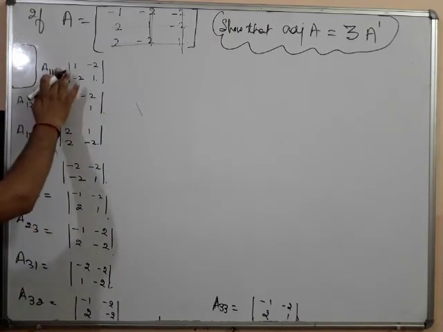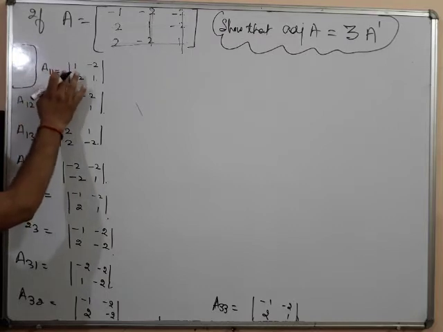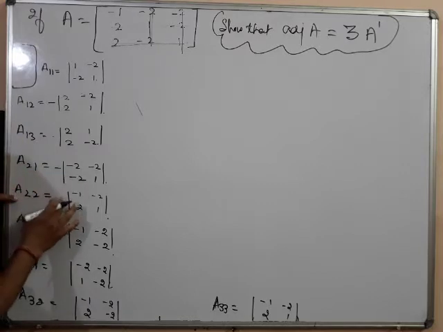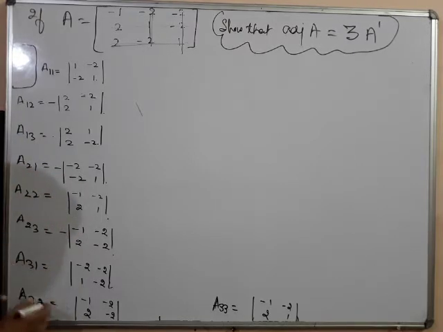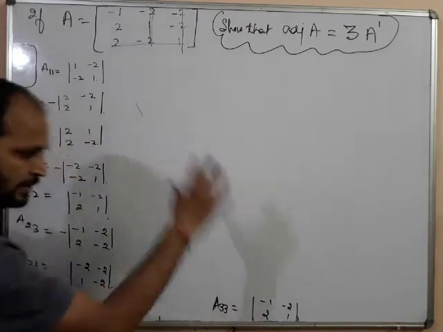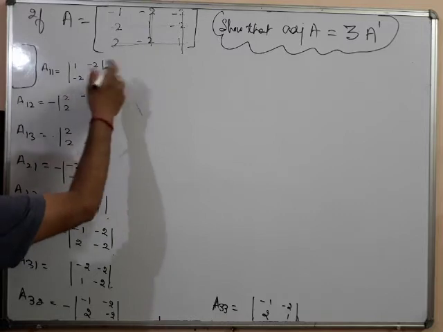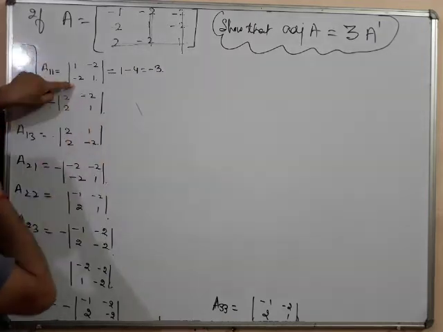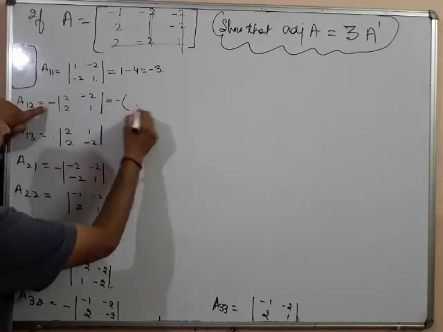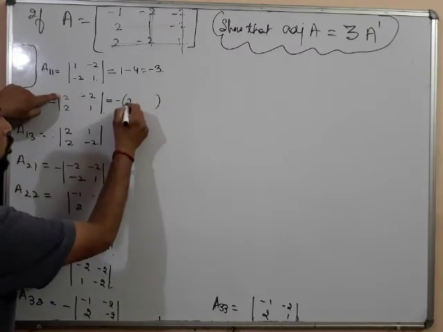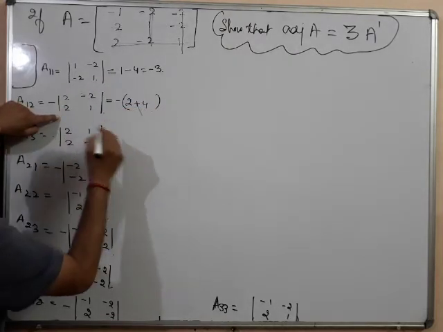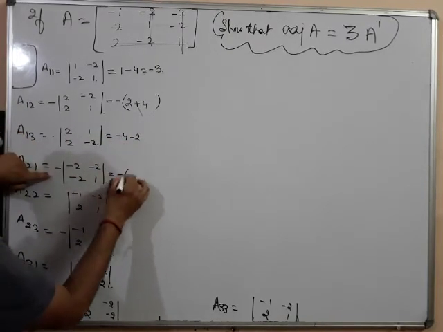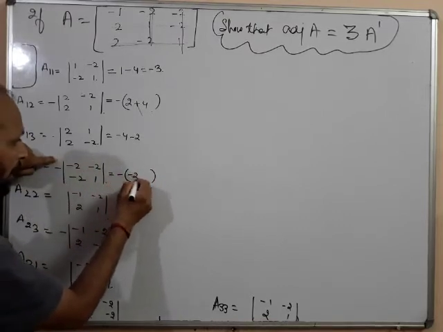Now I just have to put the signs: if even then positive sign, if odd then negative sign. Even plus, odd negative, even plus, odd negative, even plus, odd negative and even plus. Clear? Now this 1 minus 2 to the 4, that will be minus 3, that is minus this one. Clear? This into this 2 plus 4, minus 4 minus 2, minus this into this minus 2.